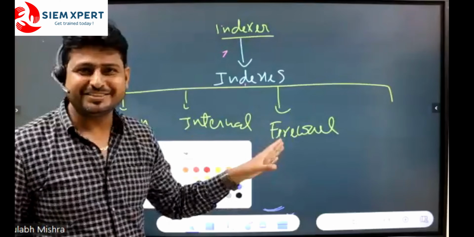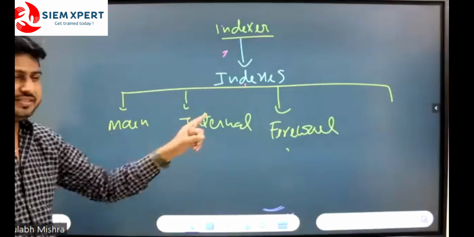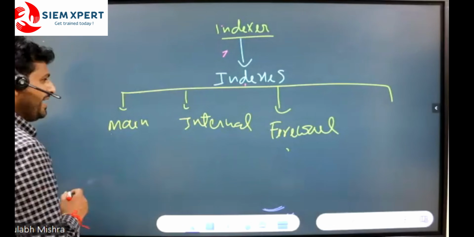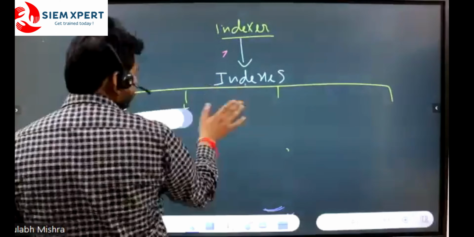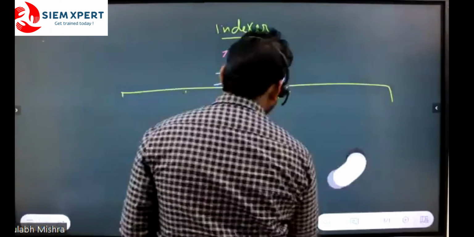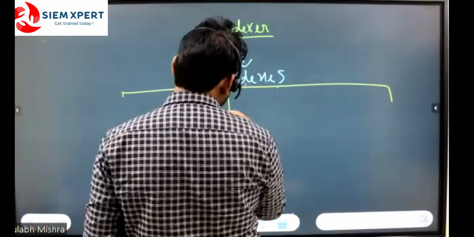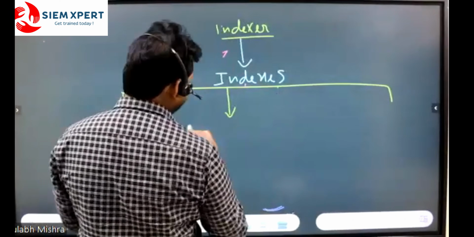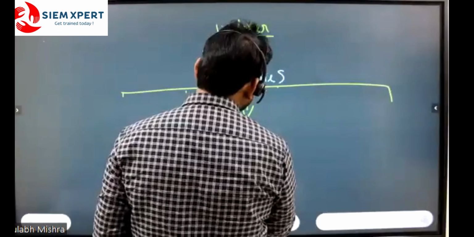So there are 11 indexes, and every index, 1 index, 2 index, 3 index, will have buckets.